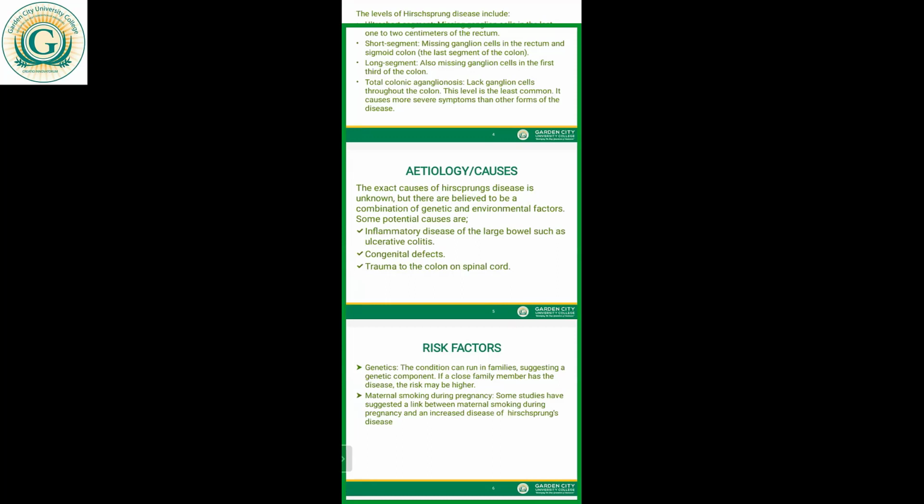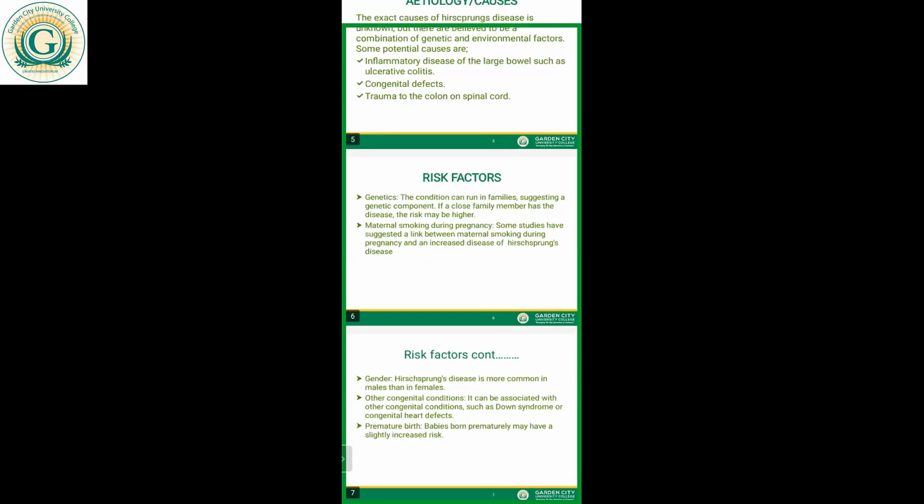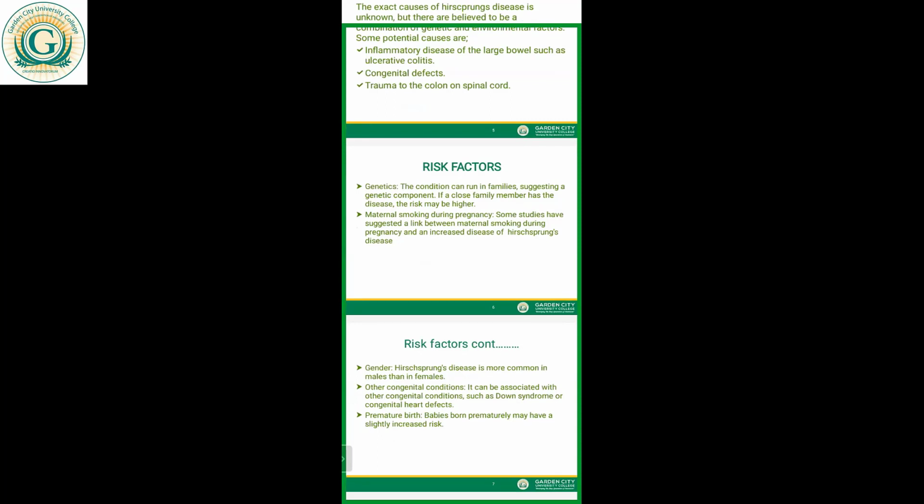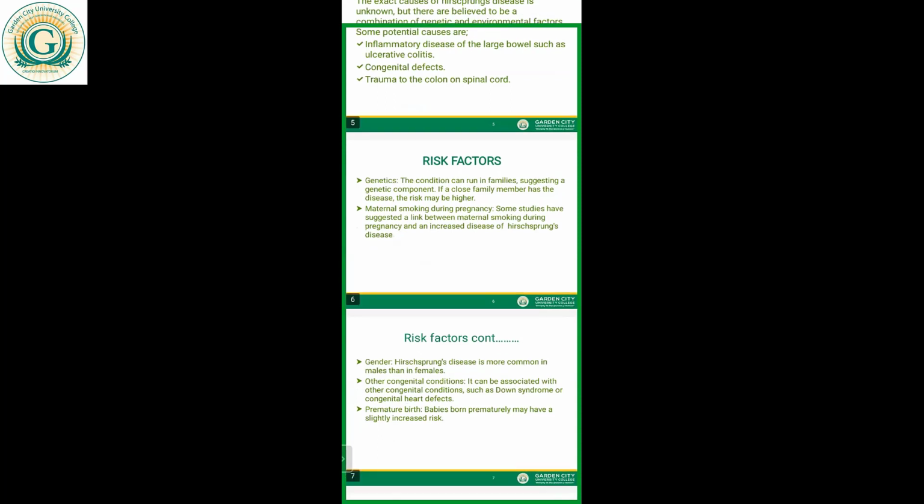Some potential causes are inflammatory disease of the large bowel, such as ulcerative colitis, congenital defects, and trauma to the colon or the spinal cord. Those are the possible causes of it.